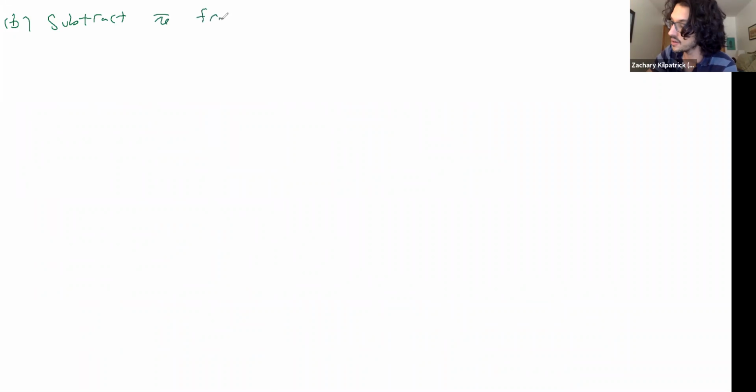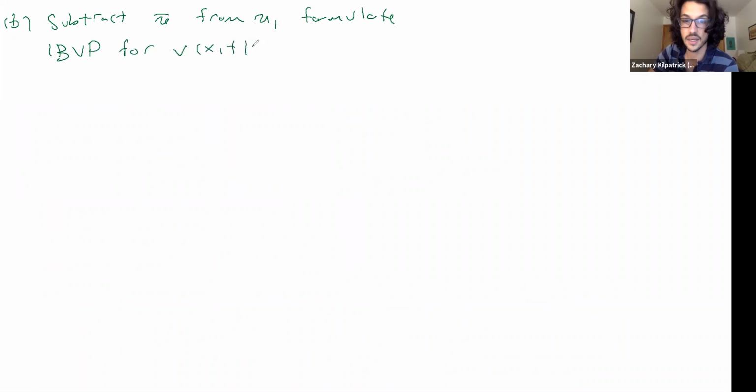Subtract u bar from u, and now formulate an IBVP for v of x,t equal to u of x,t minus u bar of x, okay? That's not hard. We can just use linearity, okay?